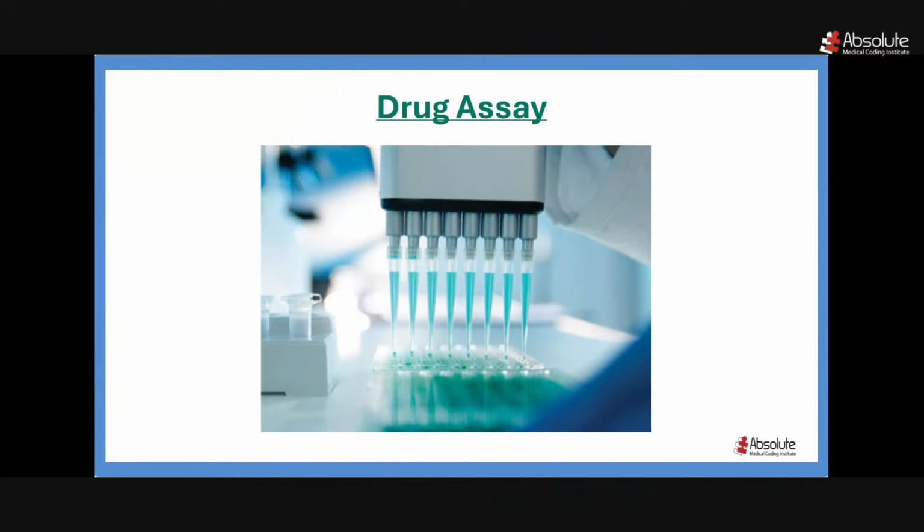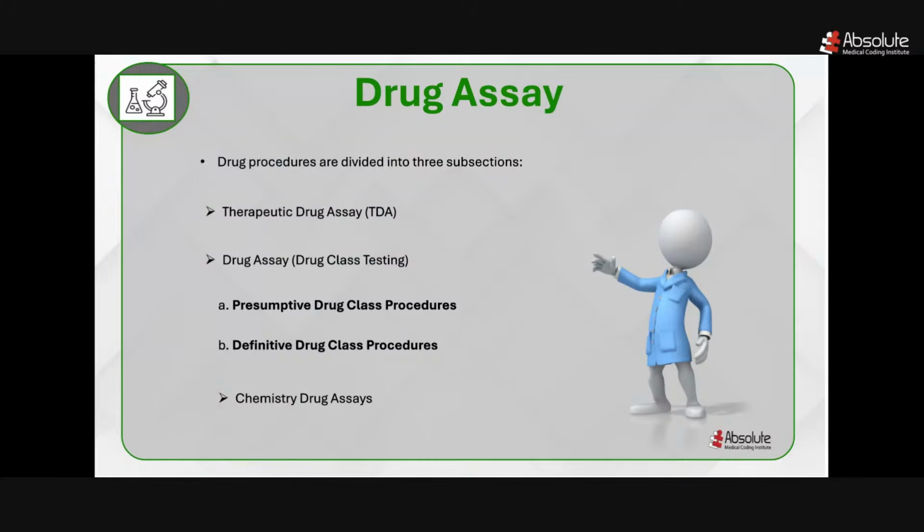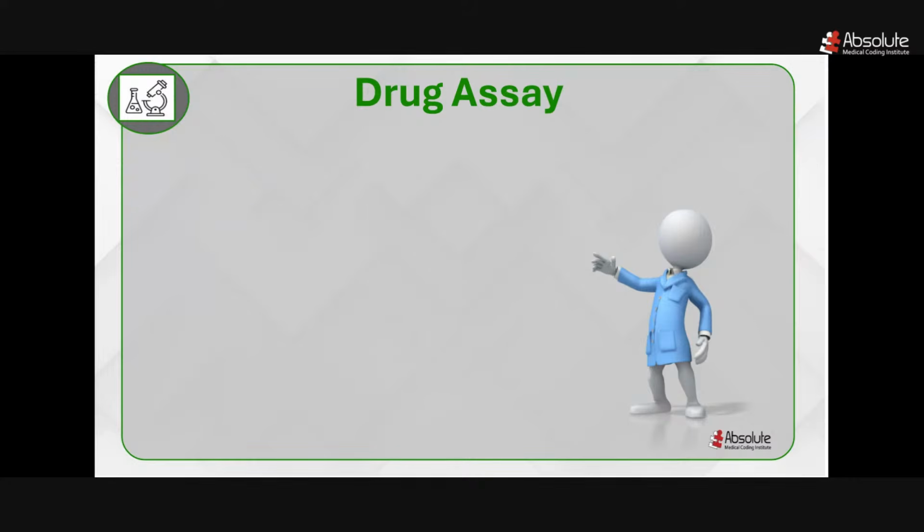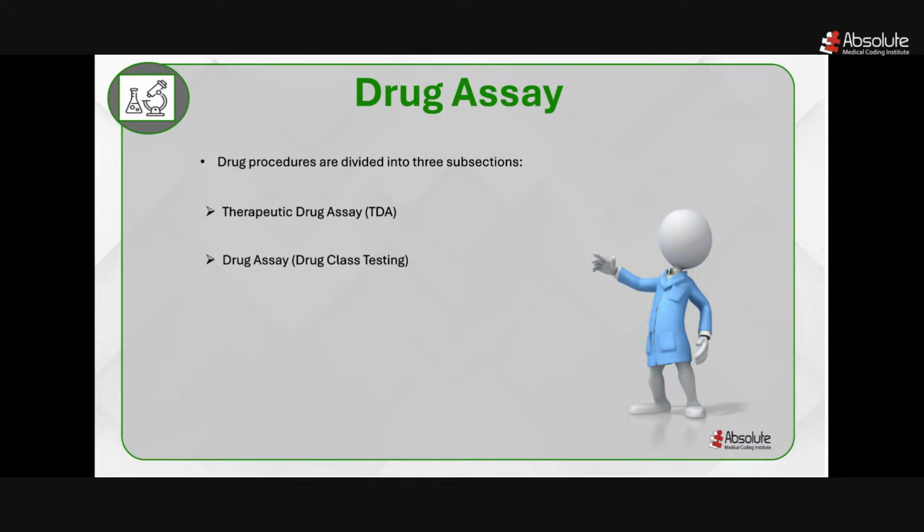Let's talk about drug assays. Drug assays are reported with the CPT codes 80305 through 80377. And yes, drug procedures are divided into three main subsections, namely therapeutic drug assay, drug class testing, and also chemistry drug assays.